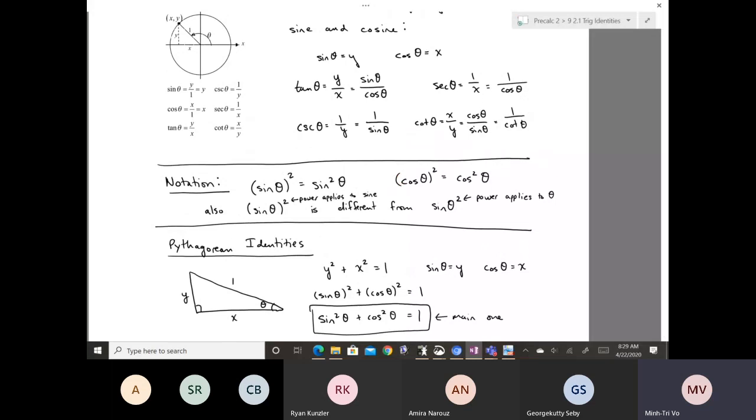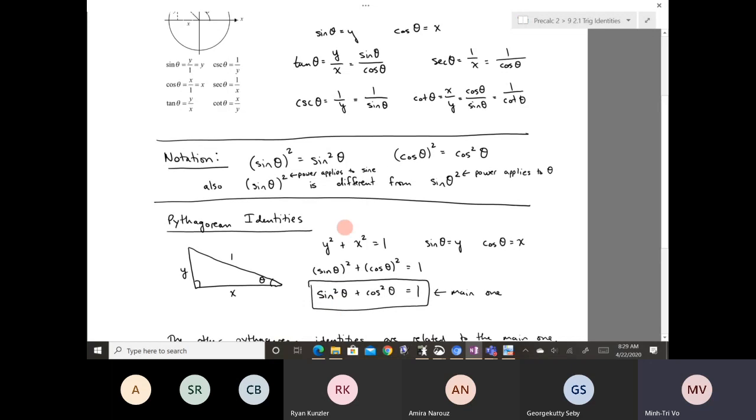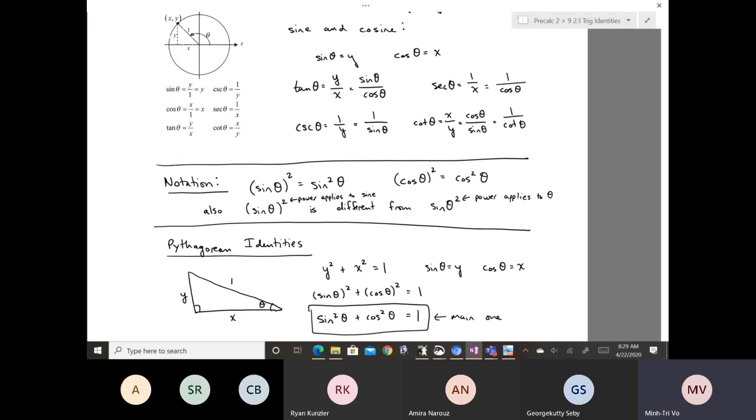One thing about notation is when we get to the Pythagorean identities, you can see that we start to have powers of the trig functions. Here you have sine squared, but you want to be very careful about how you think of the powers.